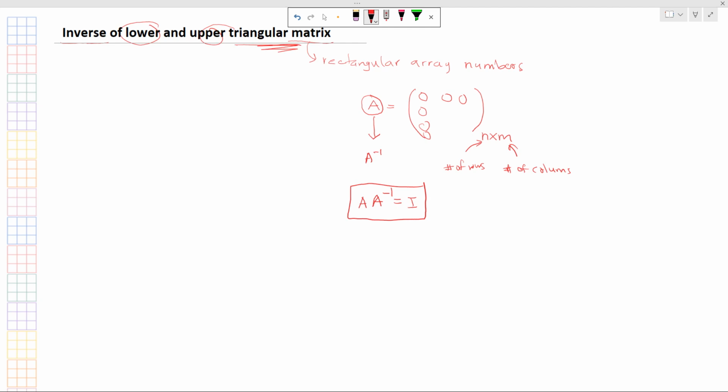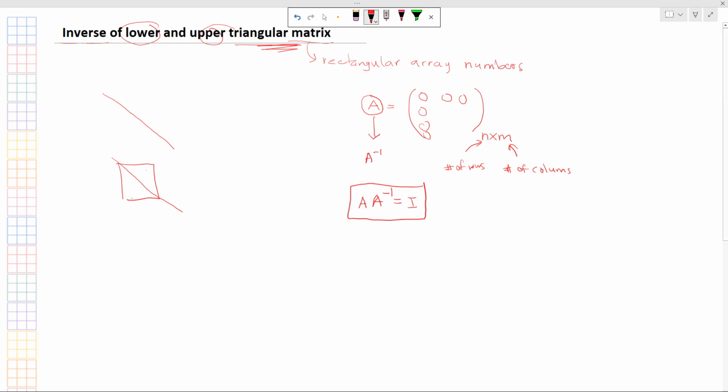A triangular matrix is one where, if we divide the matrix through its diagonal, the elements above the diagonal or below the diagonal are 0, but the rest have values.